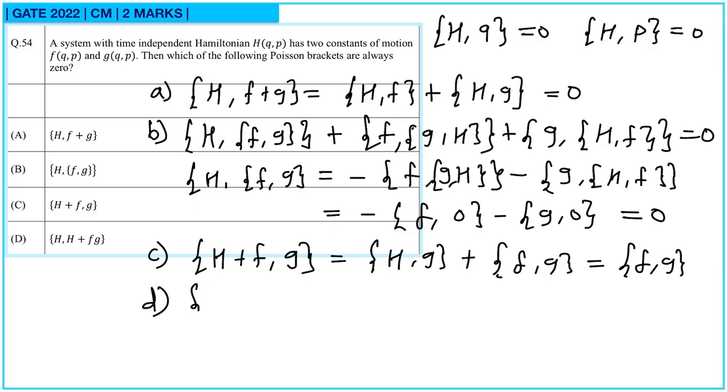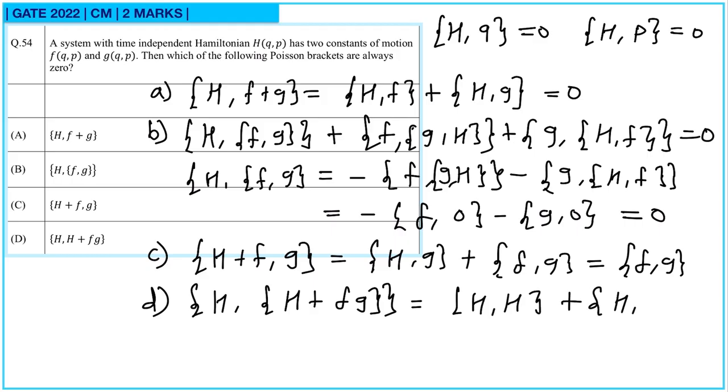And for option D, we have H and here H plus FG. So this is HH plus HFG. Now this first part is 0, and for the second part, separate it out.